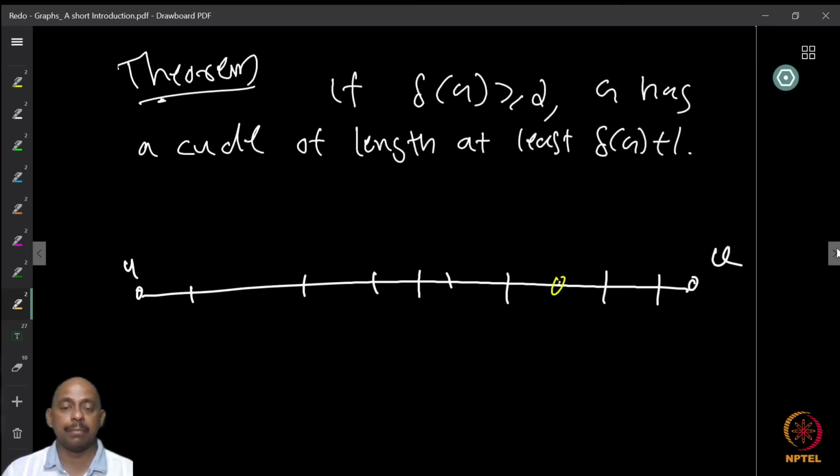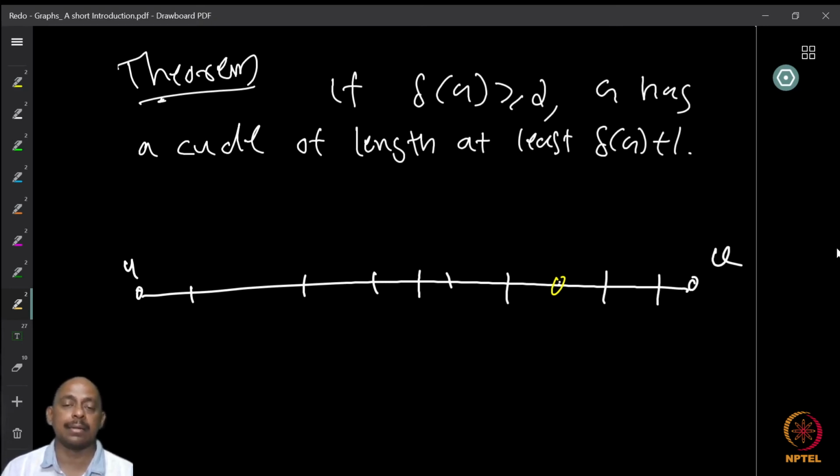Now, using the same idea, we can prove that if minimum degree is at least 2, then the graph has a cycle of length at least small delta plus 1. So if a graph has minimum degree at least 2, then it definitely has a cycle, and the cycle has a length at least small delta plus 1.